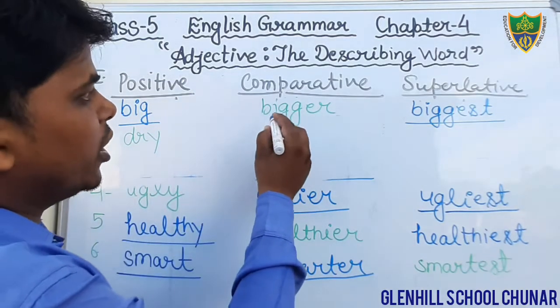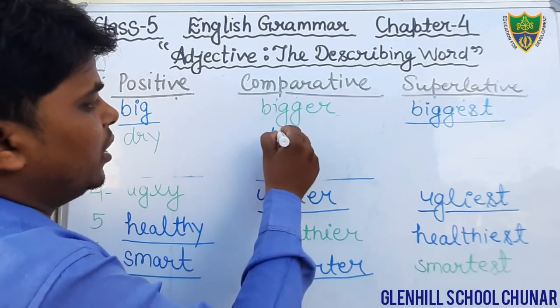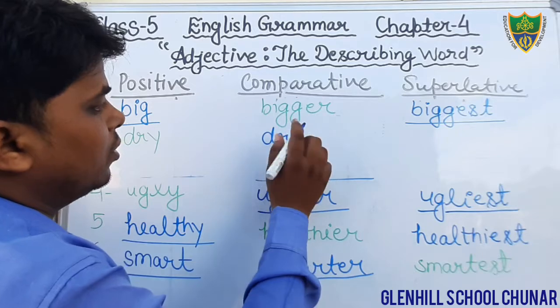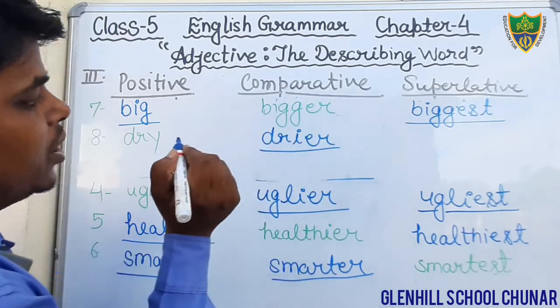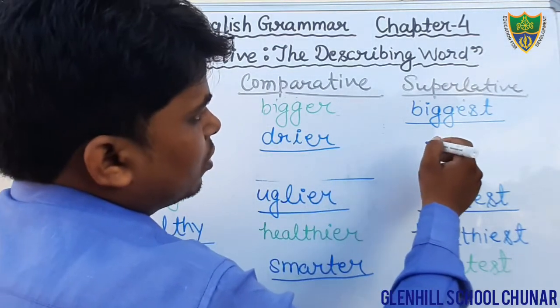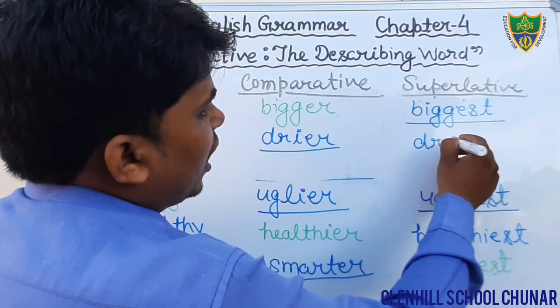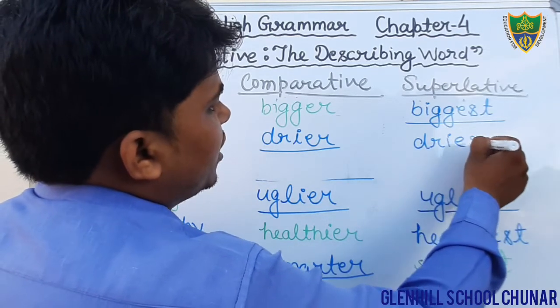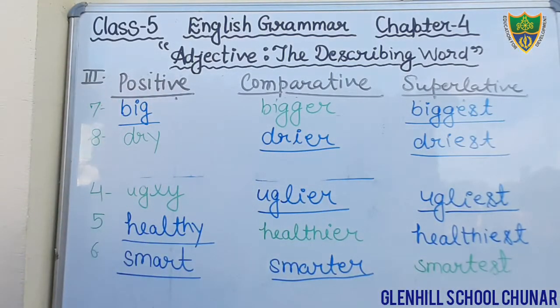And what would be the suitable comparative form? Drier. Okay, drier. That is the comparative form. And what would be the superlative form? Driest. Driest. Okay. Just see here, students.